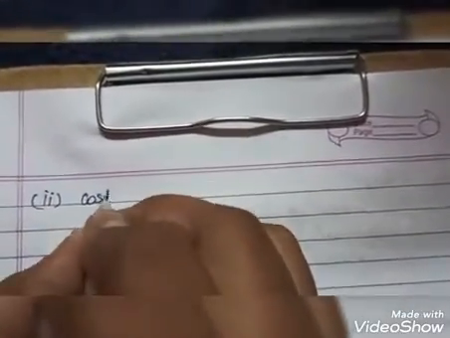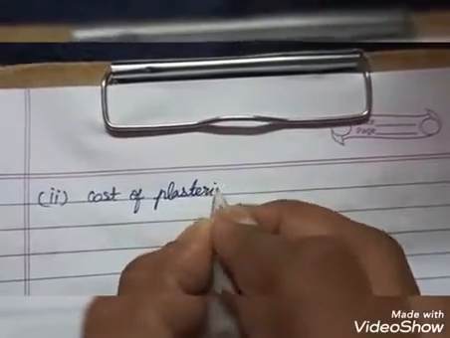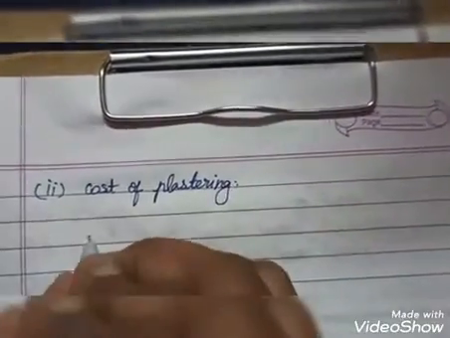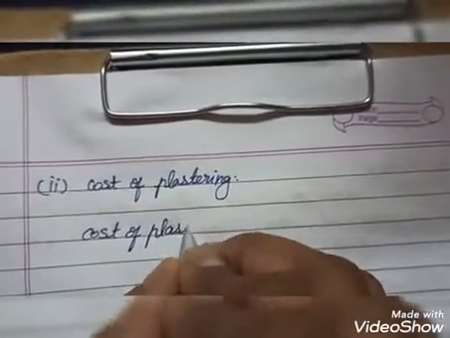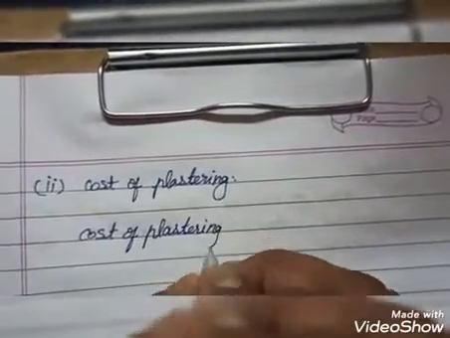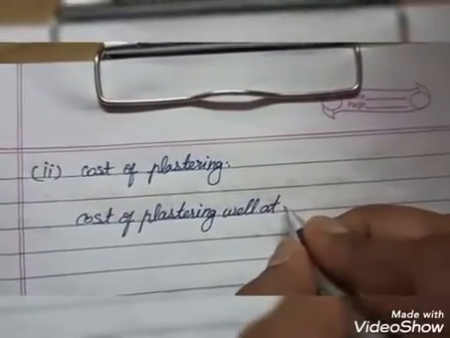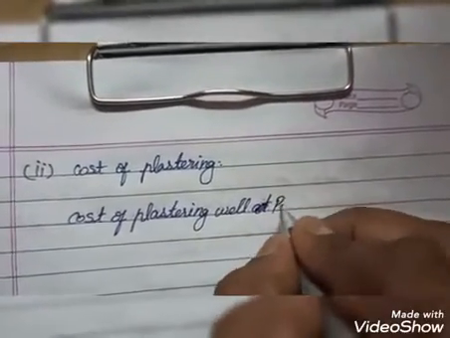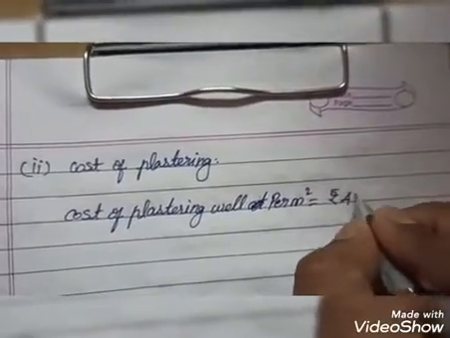Second, find the cost of plastering. What is given? The cost of plastering per meter square is equal to rupees 40.